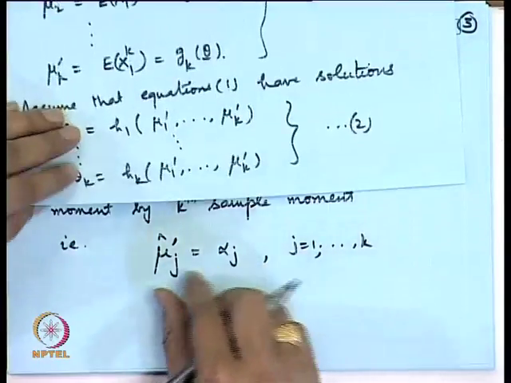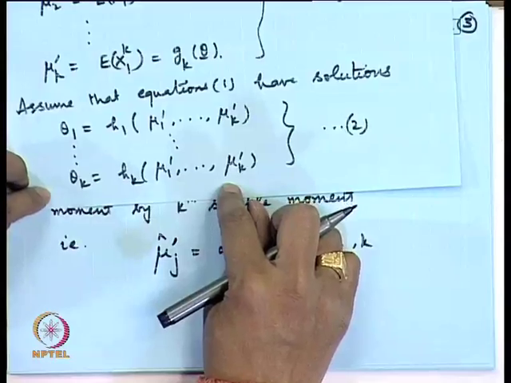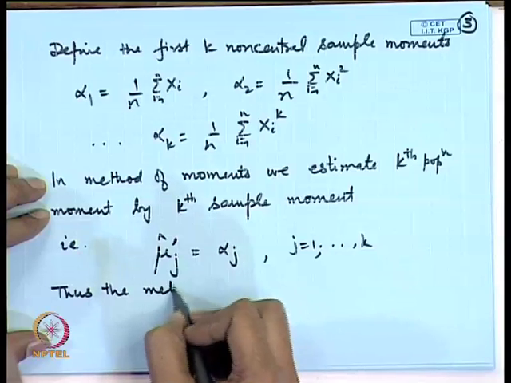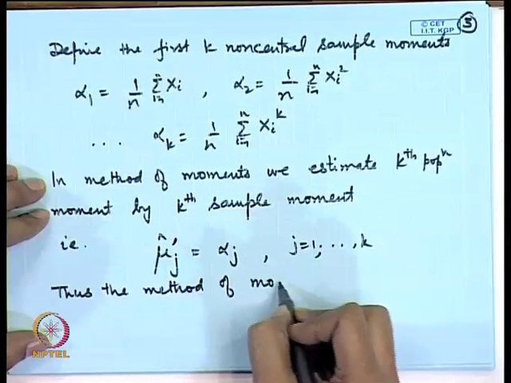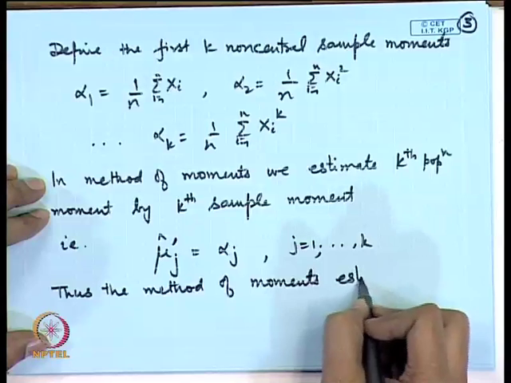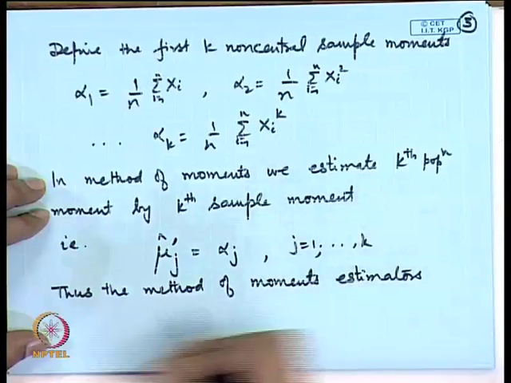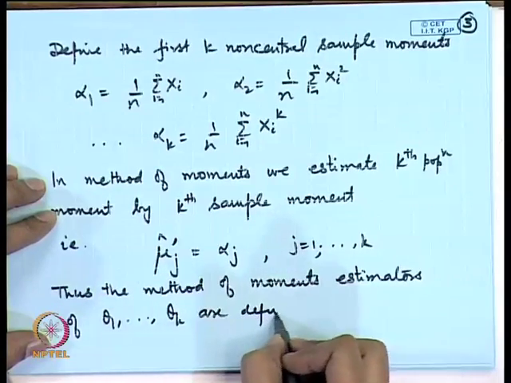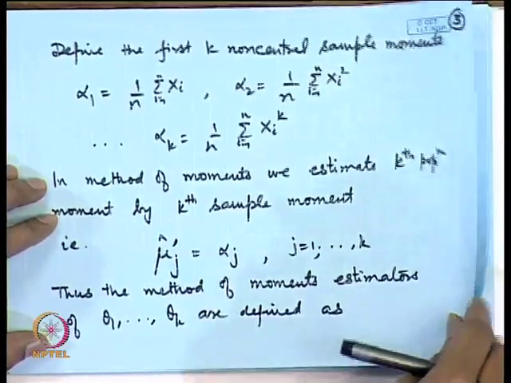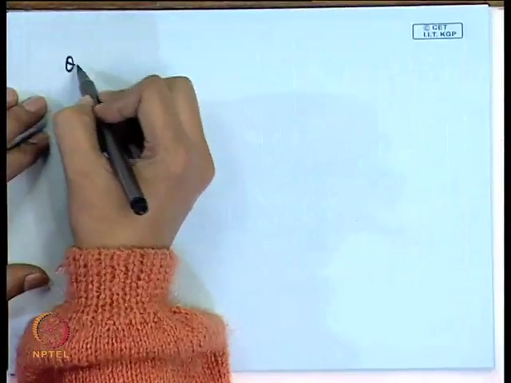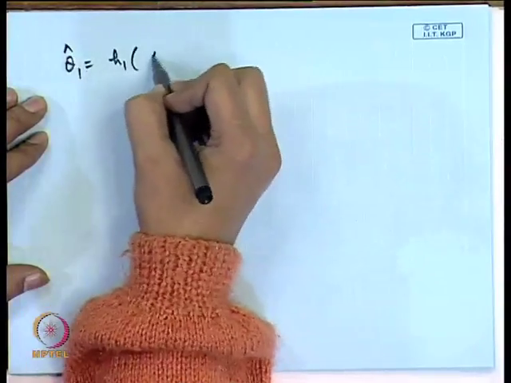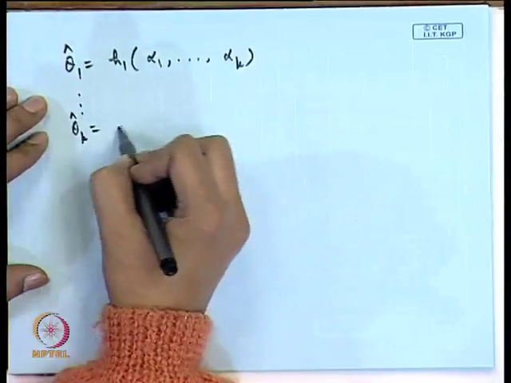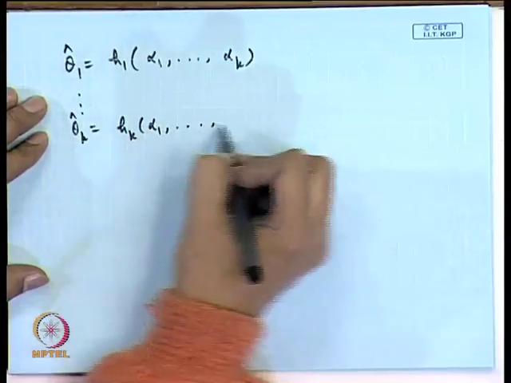So, these values we substitute here. Thus, the method of moments estimators of theta 1, theta 2, ..., theta k are defined as theta 1 hat is equal to h1 of alpha 1, alpha 2, ..., alpha k, and so on. Theta k hat is equal to hk of alpha 1, alpha 2, ..., alpha k.